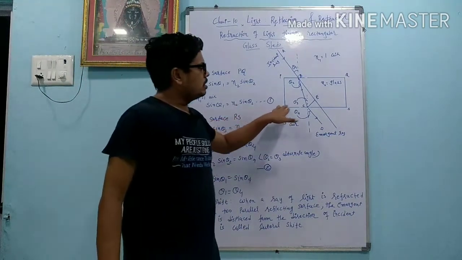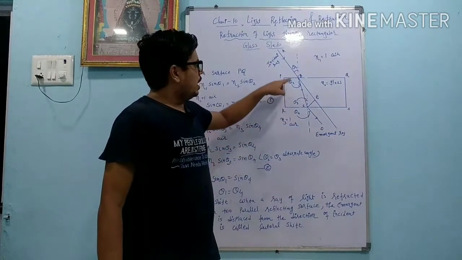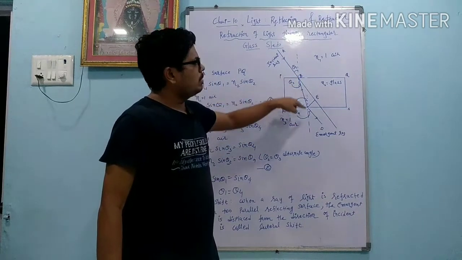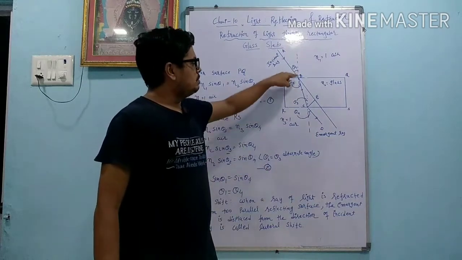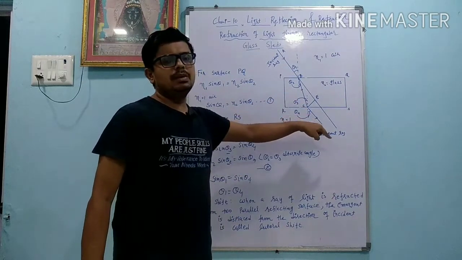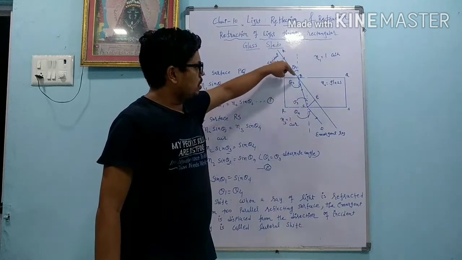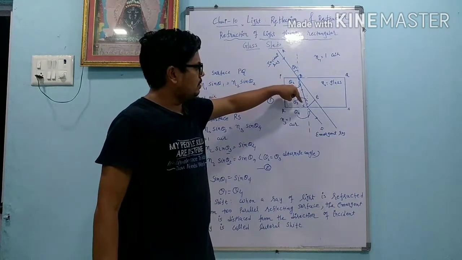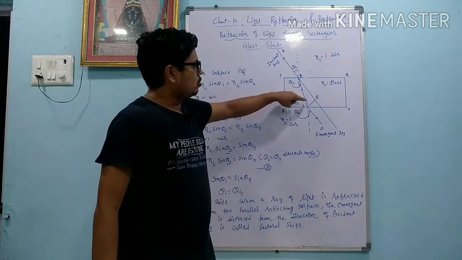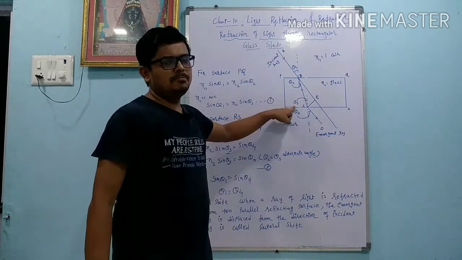Now we will consider the next surface, that is RS, and BC becomes the incident ray, and CD becomes the emergent or refracted ray for the surface RS. As BC falls on the RS surface, with the normal it makes the angle theta 3.